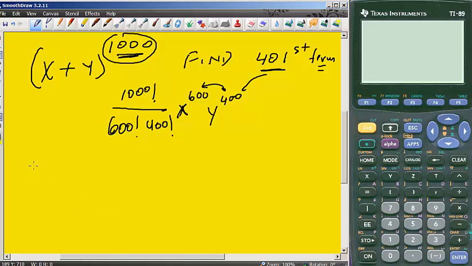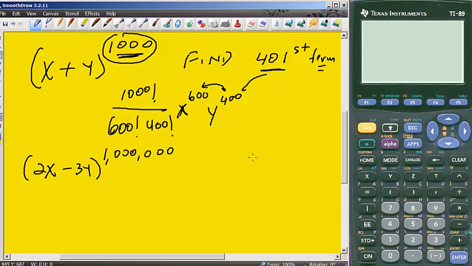Okay, let's do this. 2x minus 3y to the, let's call this 1,000,000th power. 6 zeros. Okay.